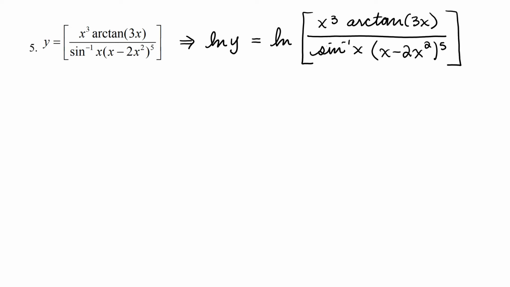And now we're able to use log rules to simplify this piece. We just have to be really careful because we don't have just a y equals. We now have a natural log of y equals.